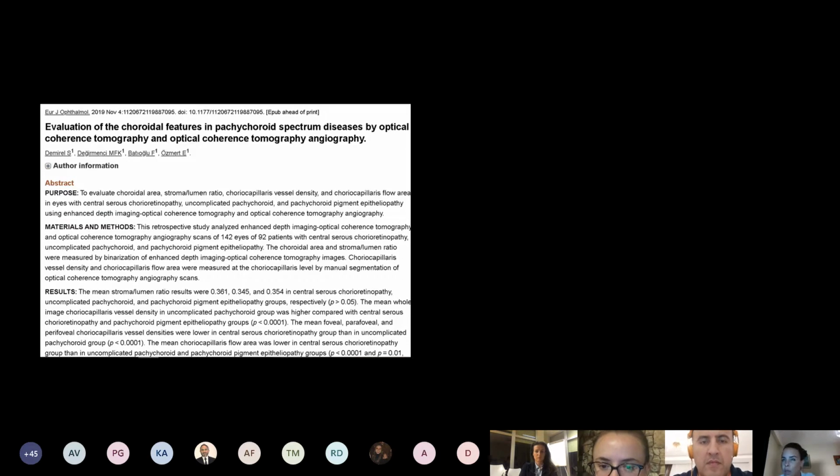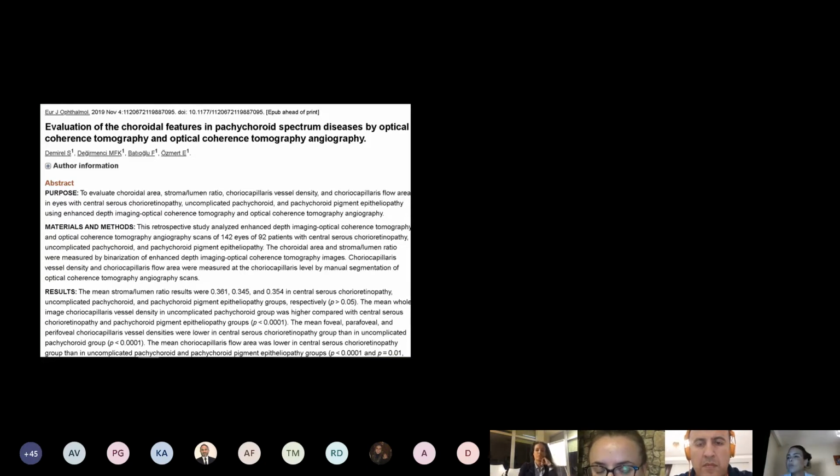In the first one, on the left-hand side, we found that the most compromised layer, the choriocapillaris, is in the central serous group. We compared 3 groups: pachychoroid pigment epitheliopathy, uncomplicated pachychoroid, and pachychoroid central serous chorioretinopathy, and we found that the most compromised choriocapillaris is in the central serous group, shown by optical coherence tomography angiography.